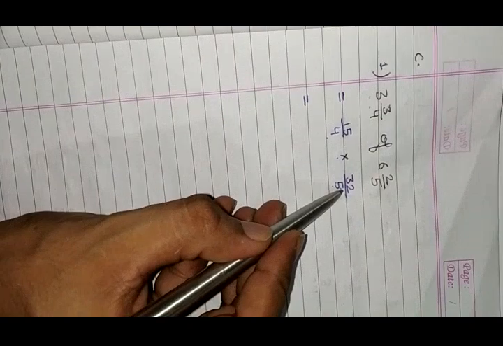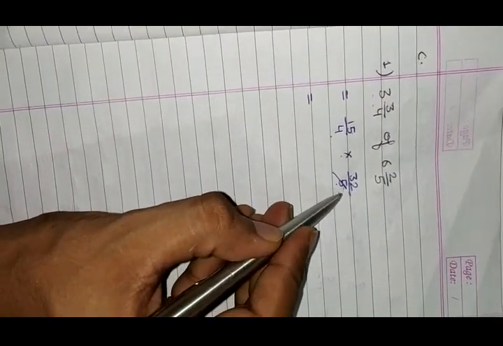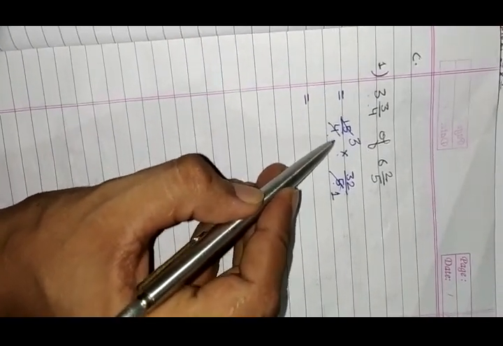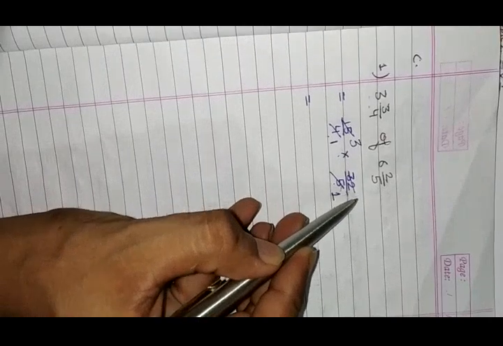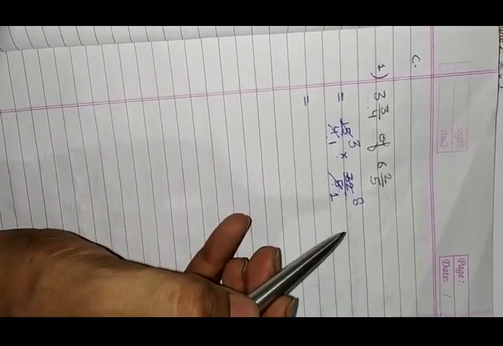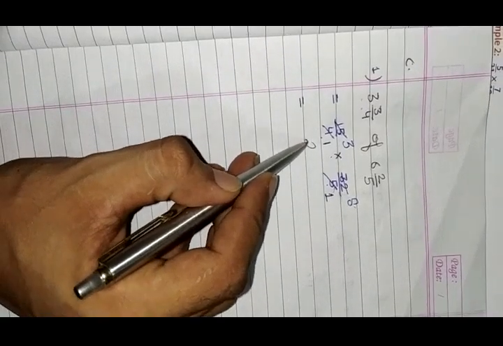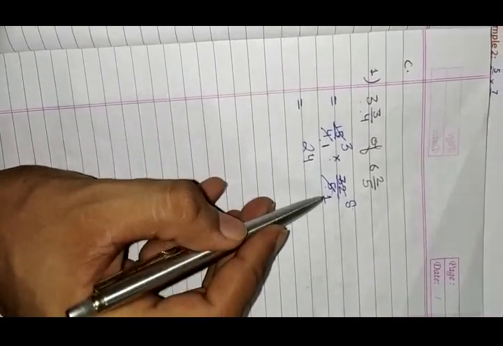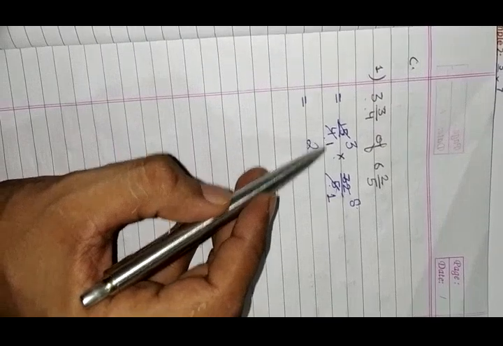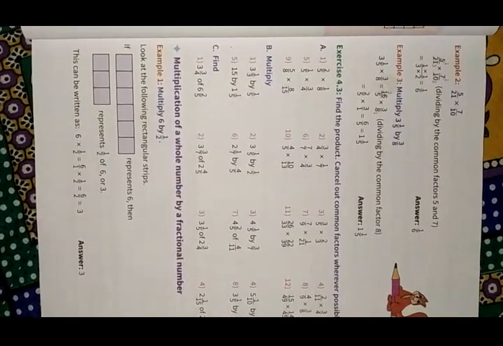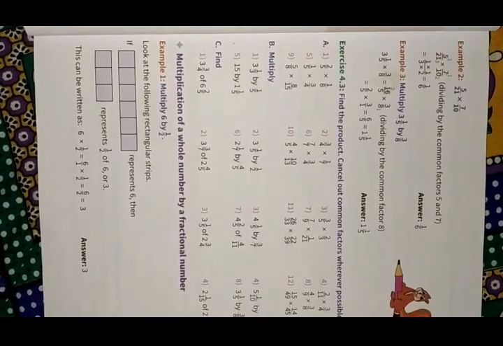Here 5 and 15 have common factor 5. 5 ones are 5 and 5 threes are 15. 4 ones are 4 and 4 eights are 32. Okay, 8 threes are 24 and denominator is 1, so no need to write the denominator because denominator is 1. So answer is 24. Now you can do all the remaining parts of this exercise 4.3.